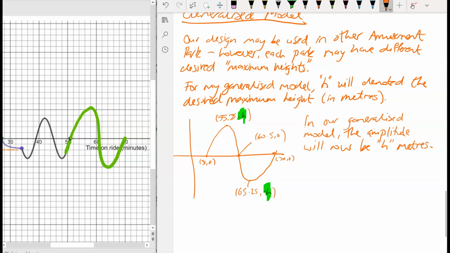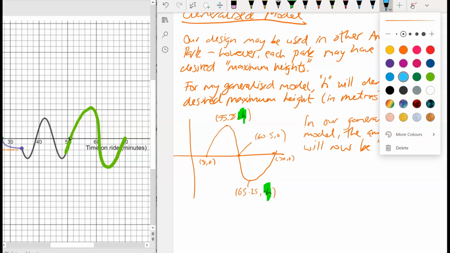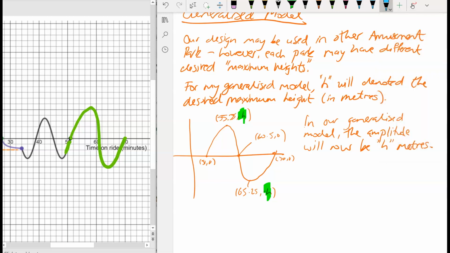So let's change pen colors to make sure we get our formula correct. If you have a think of the general formula, A is equal to, we're sticking with sine, B x plus c, plus d. So we're going to go through and substitute that. So d is still 0 because it hasn't really been lifted up or down below or above ground level.